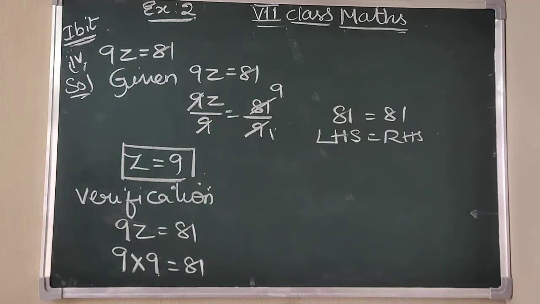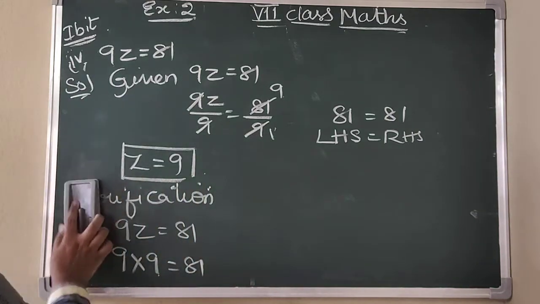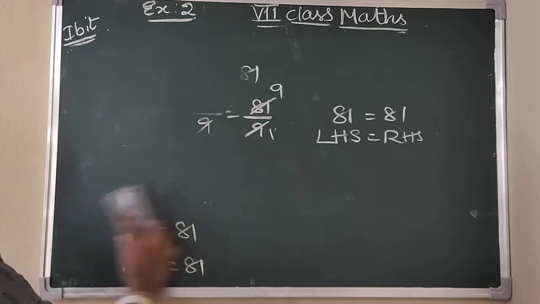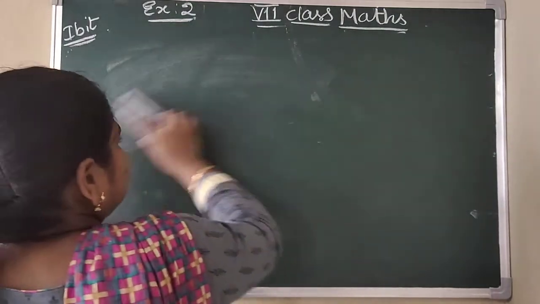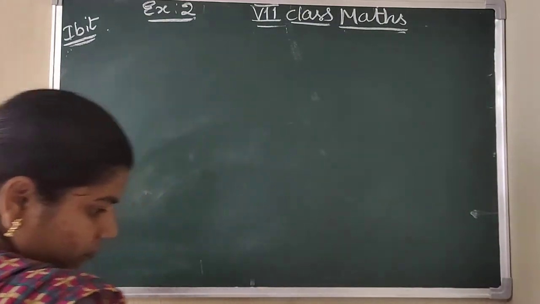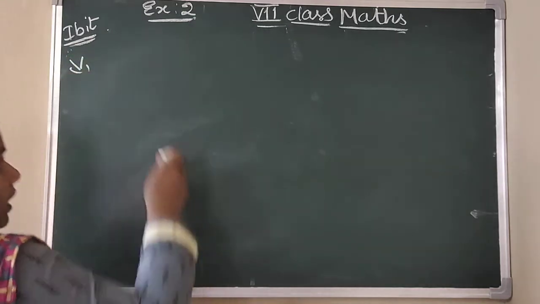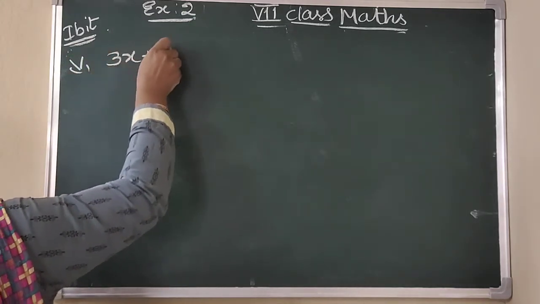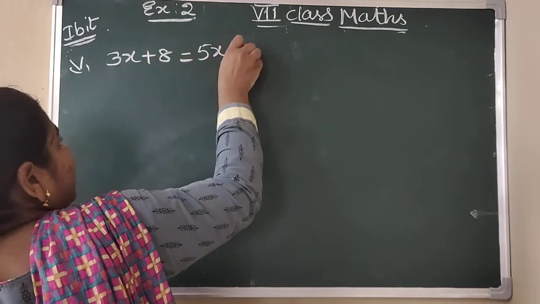Okay, so next one, fifth one. So what is the fifth one? 3x plus 8 is equal to 5x plus 2.